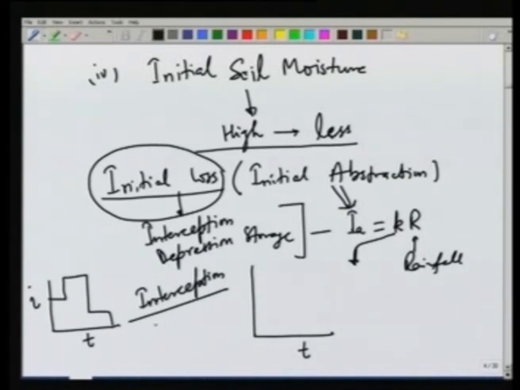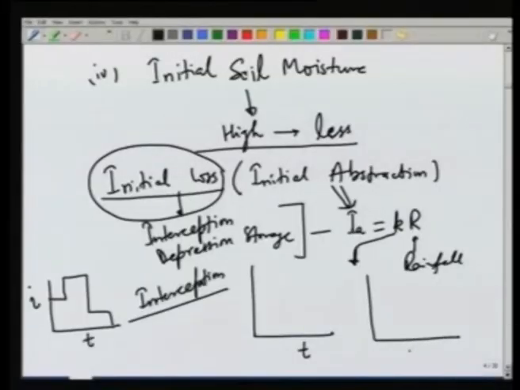Now, if the rainfall intensity is less than the capacity of the interception in that area, then all of it will be intercepted. So, what we can show is with rainfall intensity, suppose we say I here and interception loss here, typically as a percent of I.